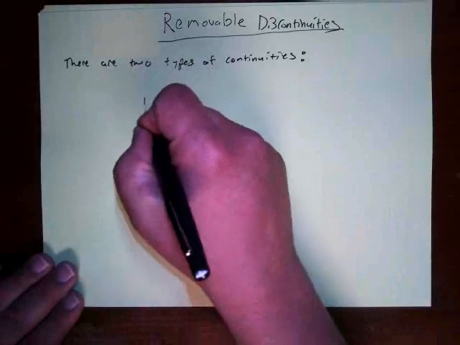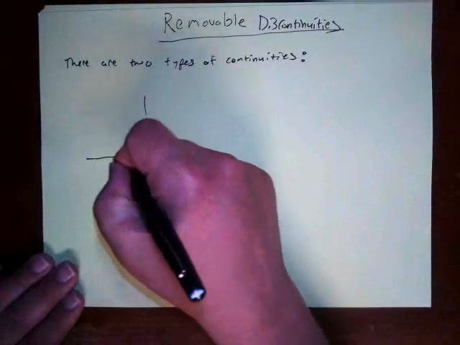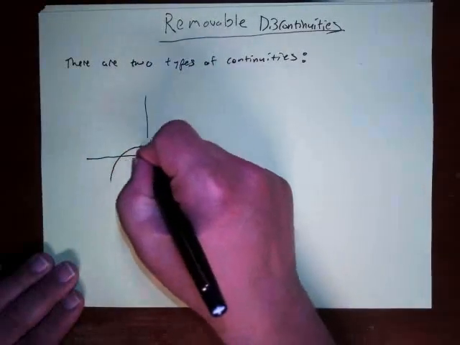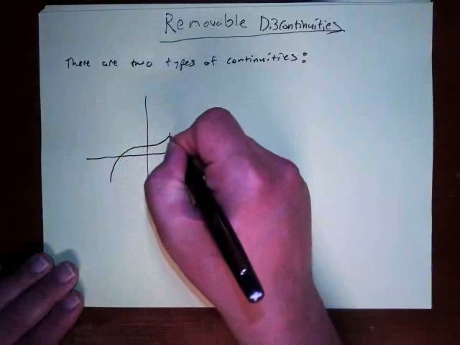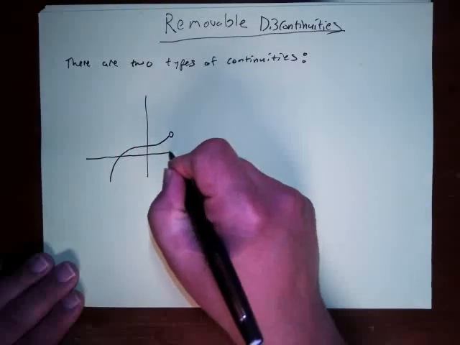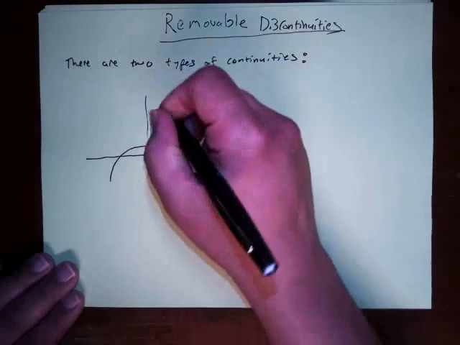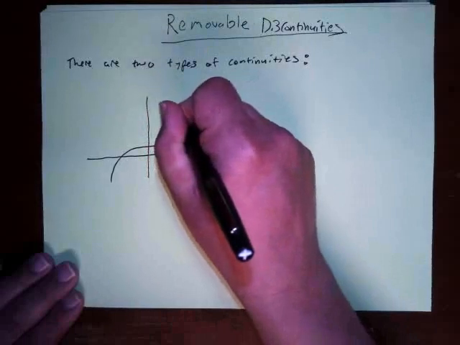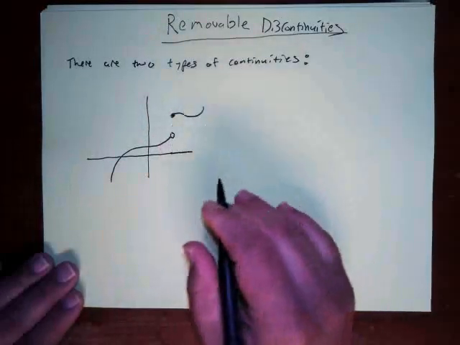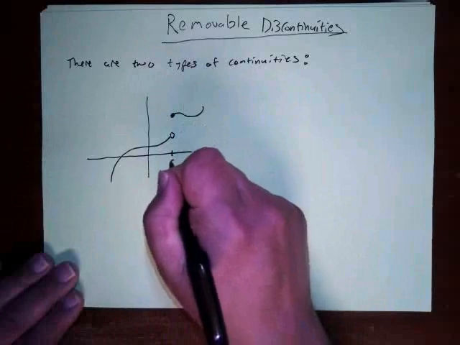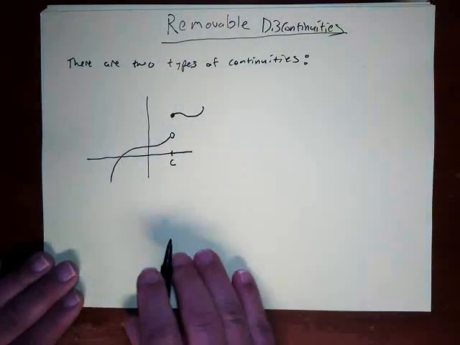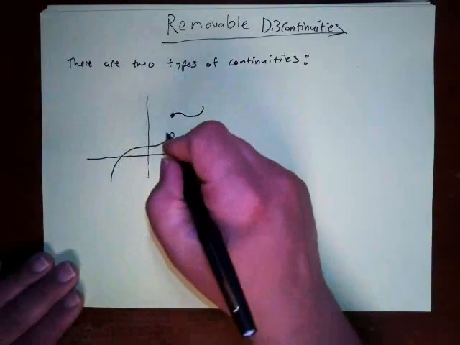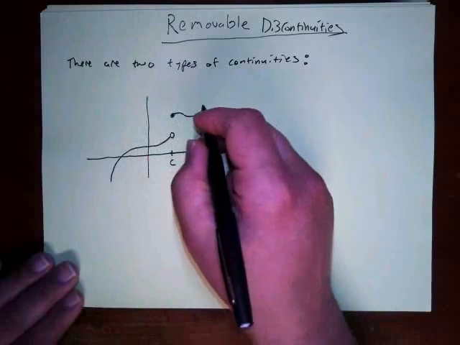So one type might be something like this, where you have a graph, and then maybe it makes a jump here. Maybe it's something like that. Okay, and then here at C, the function is not continuous at C. It makes this jump.